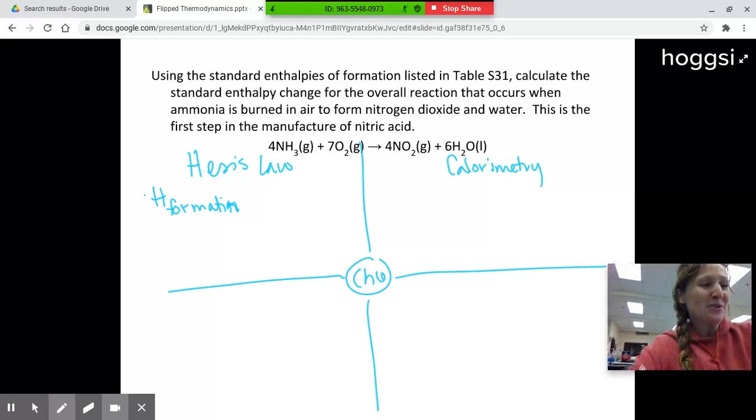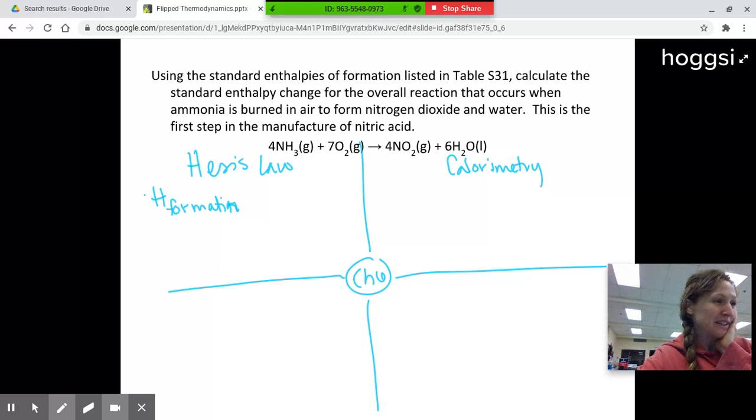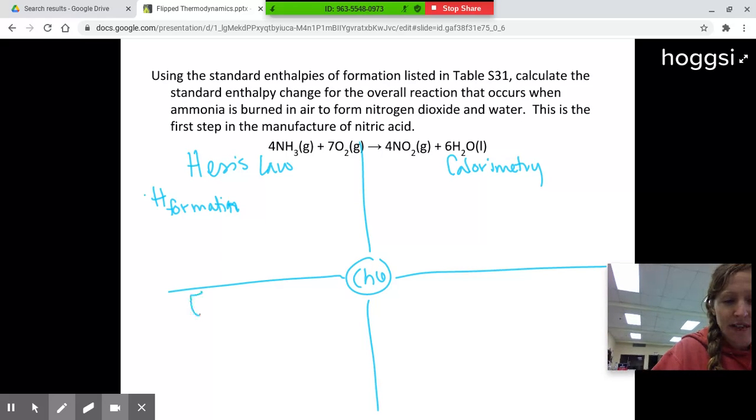So probably the biggest topic of this whole chapter, you guys don't even think of as a topic of this chapter because it's so ingrained at this point in time. So energy overall, yeah, you could do that as a topic.